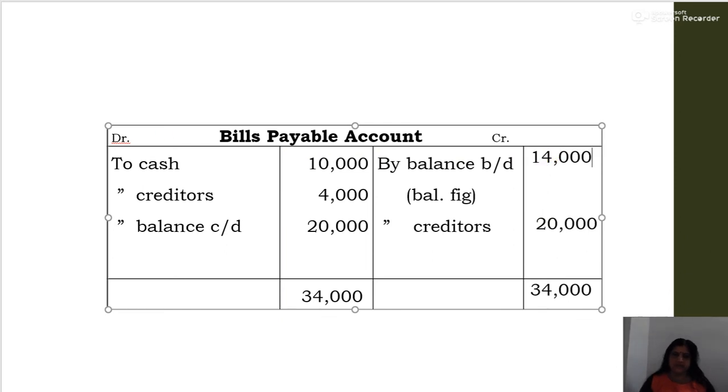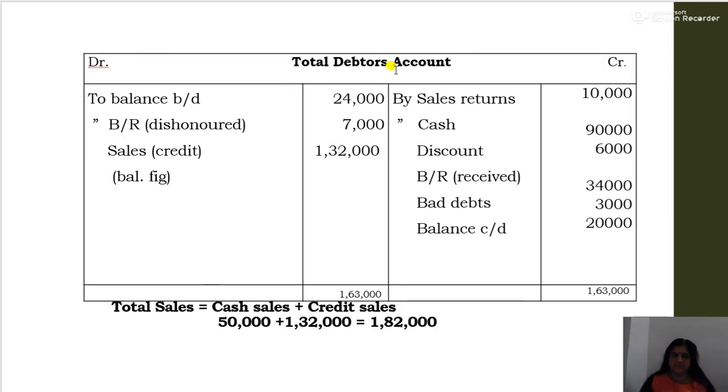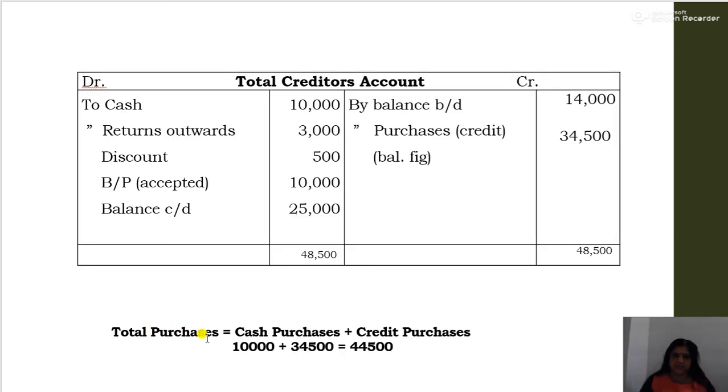Okay, so this is regarding the preparation of total debtors account, total creditors account, then bills receivable account and bills payable account. So this is total debtors account. You got the credit sales as balancing figure, that is 1,32,000. Then you computed total sales by adding cash sales and credit sales. Then the second question, you had to compute total purchase.